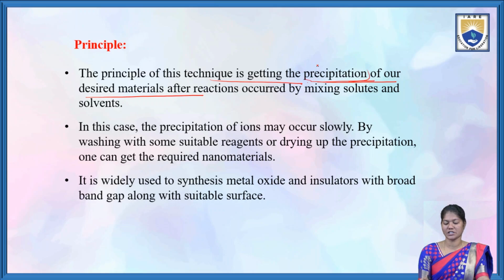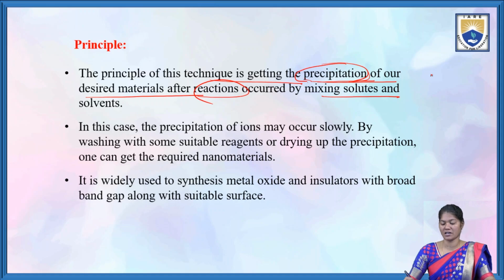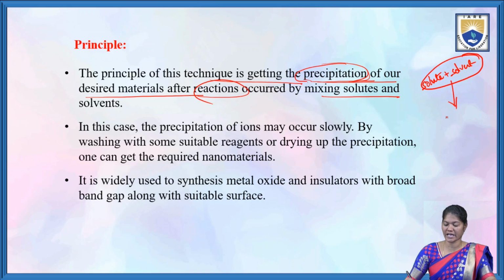So the principle of this technique is getting the precipitation as our desired material, after the reaction occurs by mixing solute and solvent. First we mix the solute and solvent. After mixing, some chemical reaction happens in the solution.